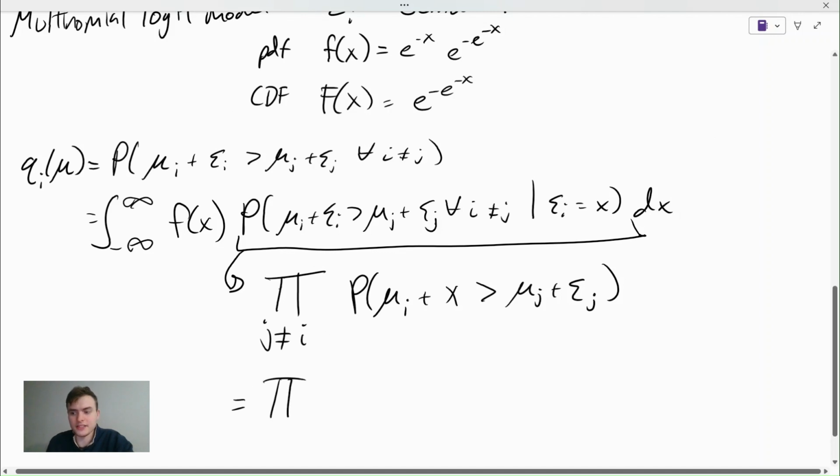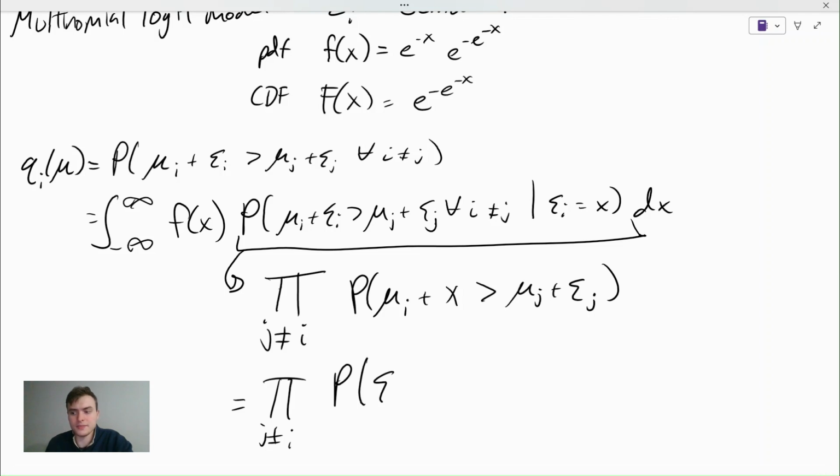So that's the same as the product over j not equal to i of the probability eps_j is less than or equal to mu_i plus x minus mu_j, just moving that to the other side and flipping it, right? And we can see that this probability eps_j is less than or equal to the value, that's the CDF.